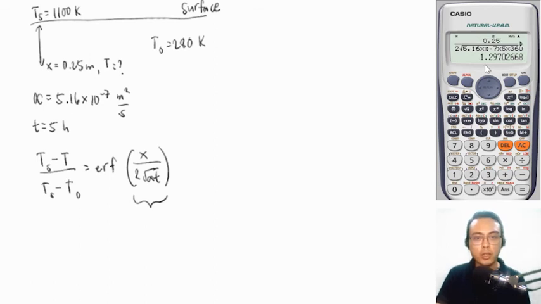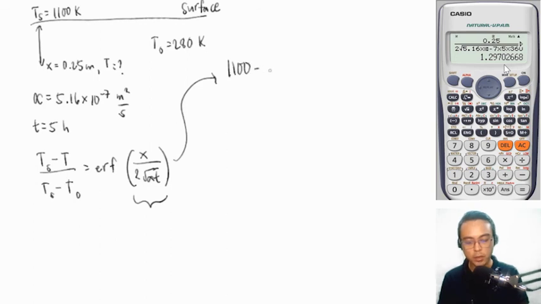This is our answer. The collection of the terms inside of the error function is 1.3. So we write surface temperature 1100 minus T, which is our unknown, divided by surface temperature minus initial temperature is equal to the error function of 1.3.